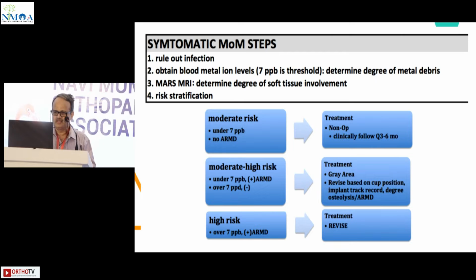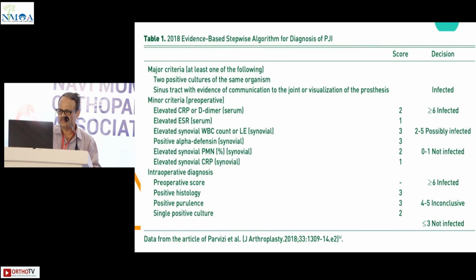We have to classify them into three groups: moderate, moderately high, and high risk. If both factors exist, over 7 parts per billion, or adverse reaction to metal debris, then you have to revise. But if only one of these exists, or the implant track record is not good, then you have to take a call. So these are algorithms which tell us.